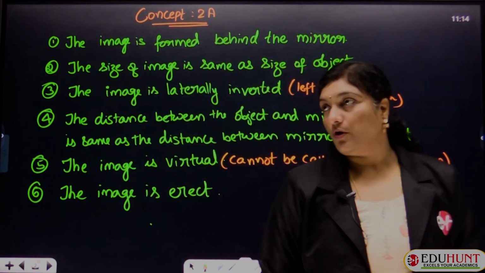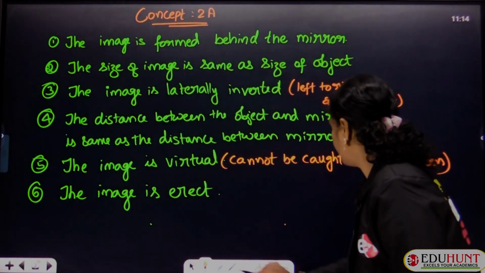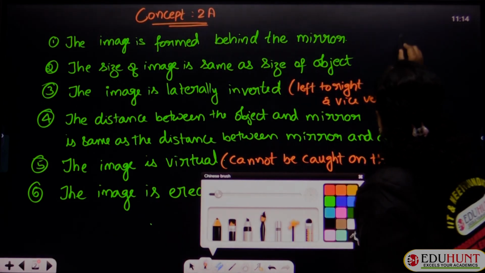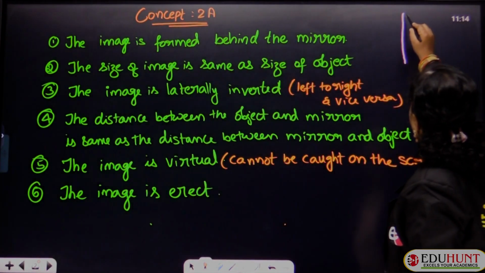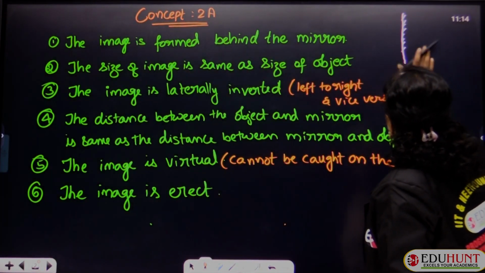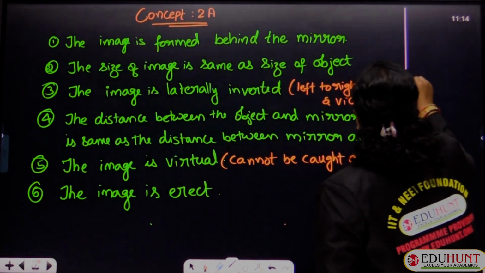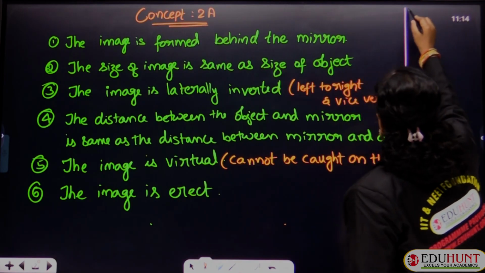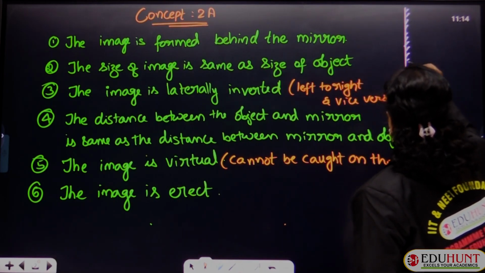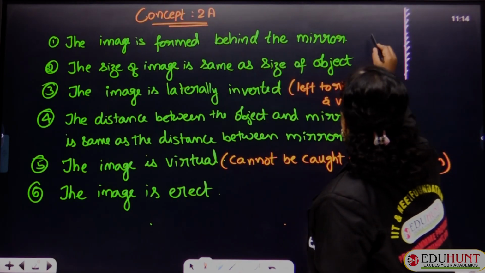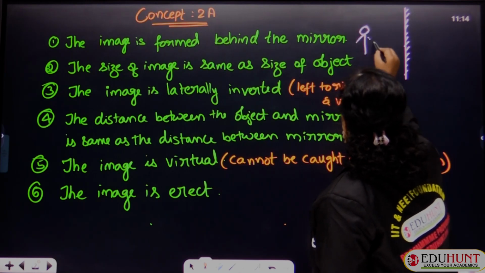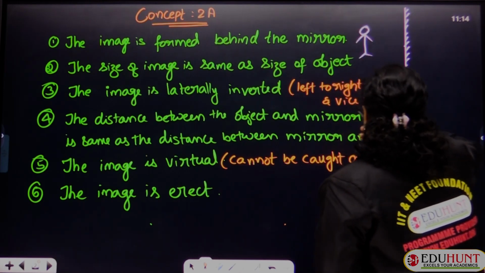The image is formed behind the mirror. So, this is your mirror, silvered back. Not a proper picture. Silvered inside. So first point, here is your object.